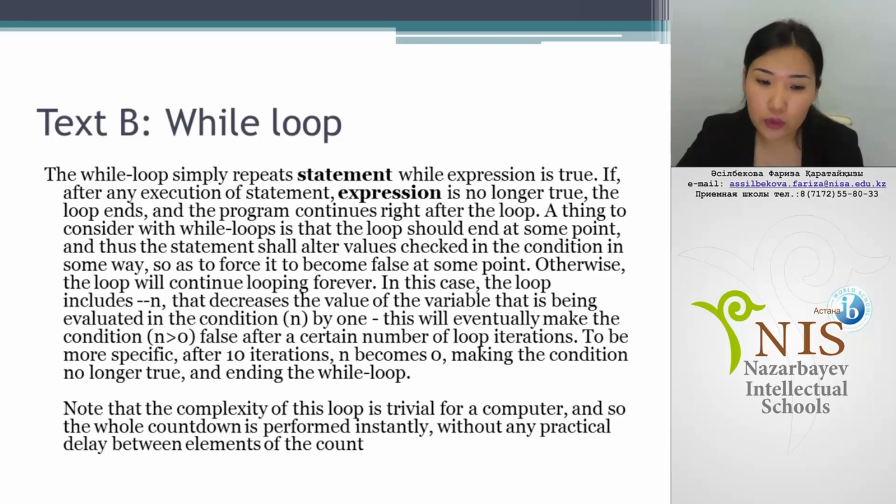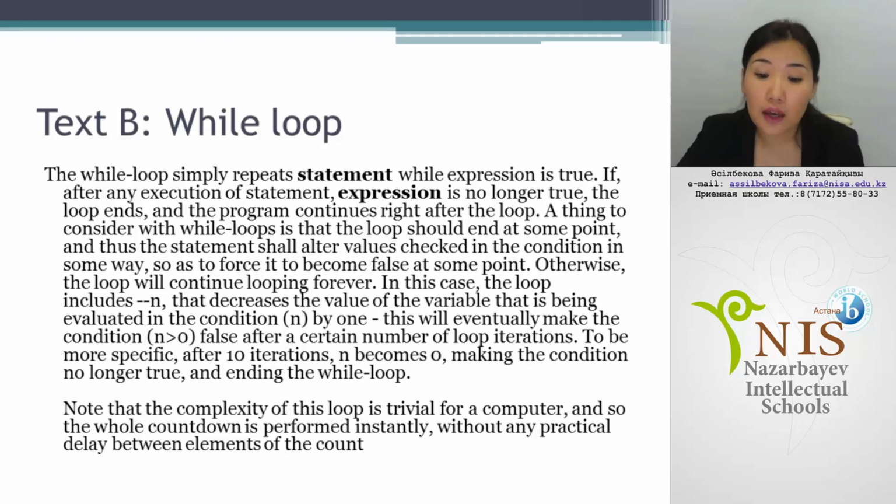In this case, the loop includes --n that decreases the value of the variable that is being evaluated in the condition n by 1. This will eventually make the condition false after a certain number of loop iterations. To be more specific, after 10 iterations, n becomes 0, making the condition no longer true and ending the while loop.